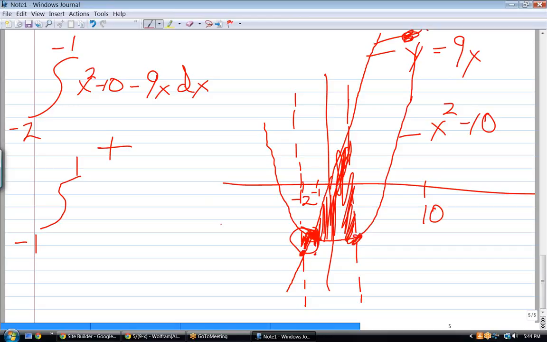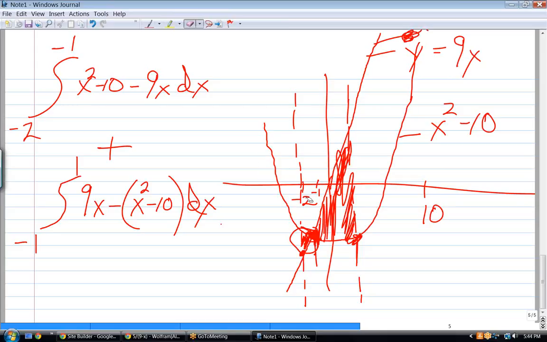And in that whole interval, from here to here, 9x is on top. And here's where you want to make sure you use your parentheses, otherwise you're going to get the sign on this constant term wrong. Okay? So that's our answer, whatever that number is.